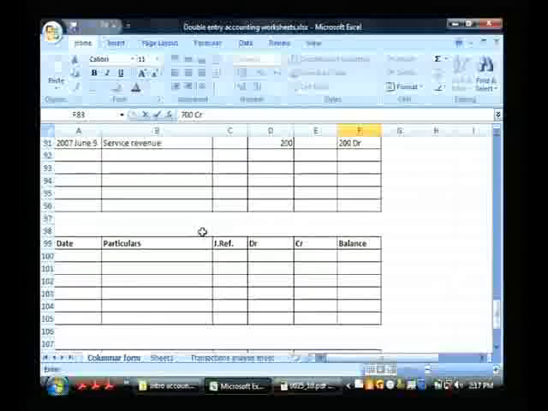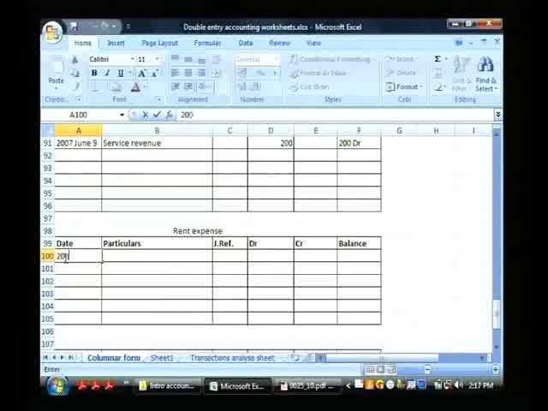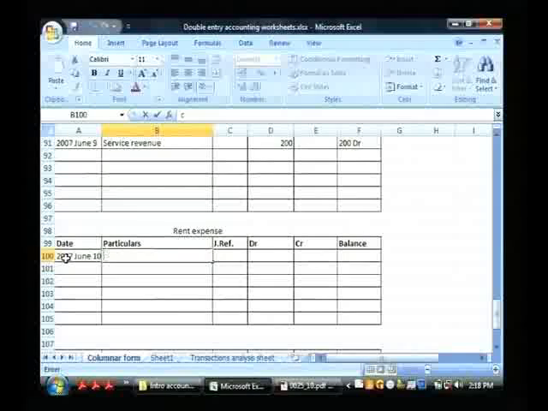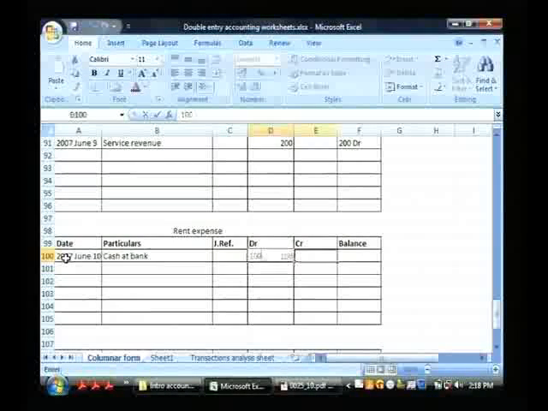So we have to have a rent expense account, and date 2007 June 10th, rent expense debit, cash at bank credit. Therefore 100 here, balance also 100.